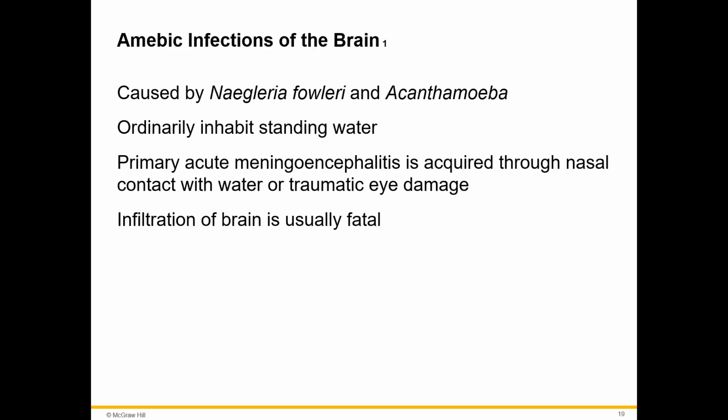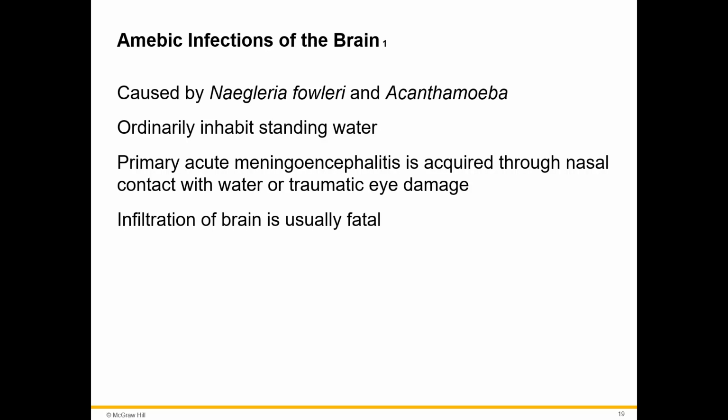And so you can have this occur, right, when this organism enters through the nasal cavity, right, from water or even traumatic eye damage. But when it enters, and it causes an infection, we call this PAM, or primary acute meningoencephalitis. Okay, and so what is that?